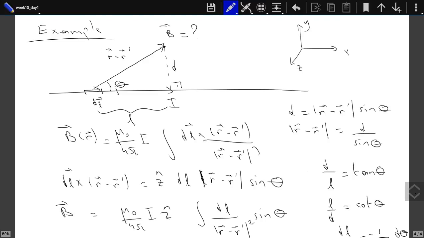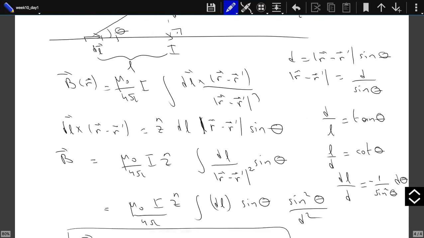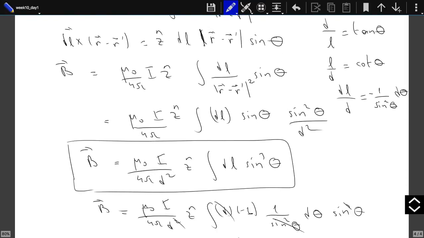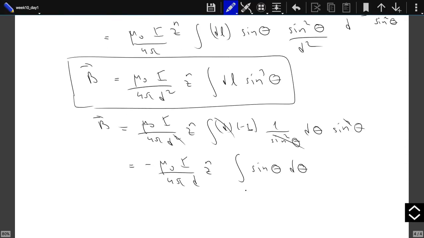That means I start from here, then theta is pi. So theta starts from pi and eventually it goes to 0.